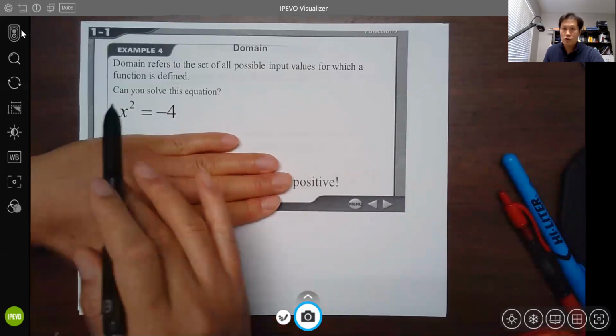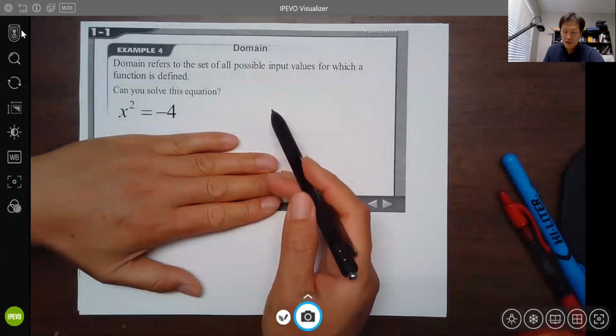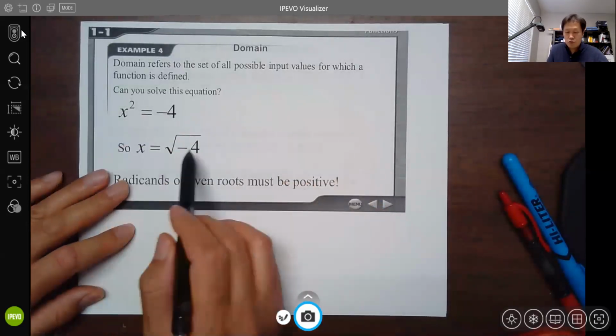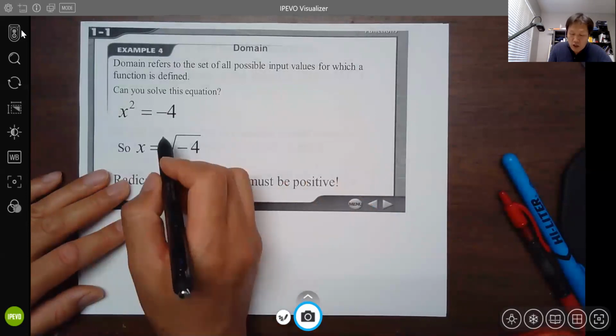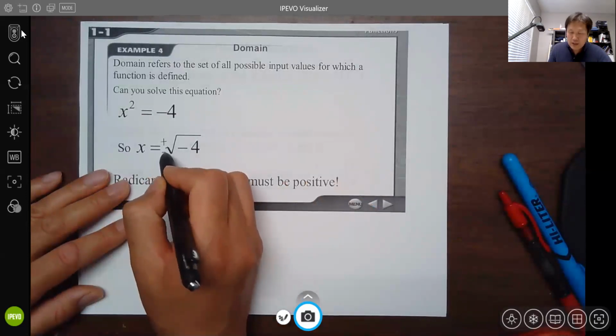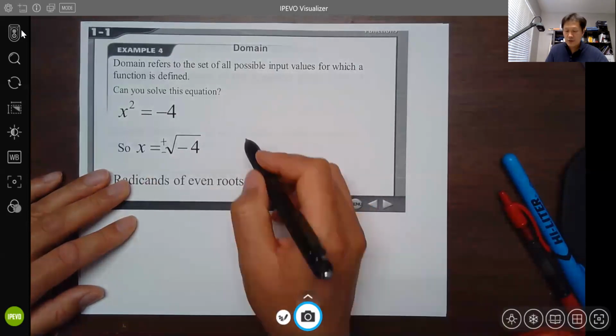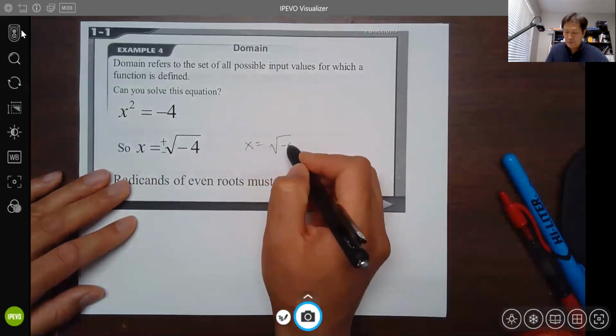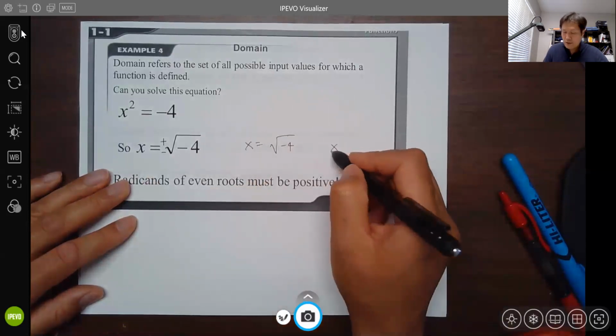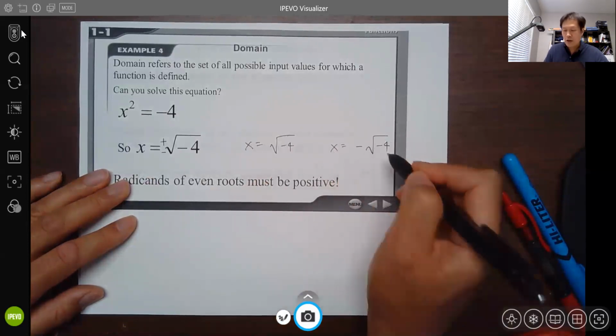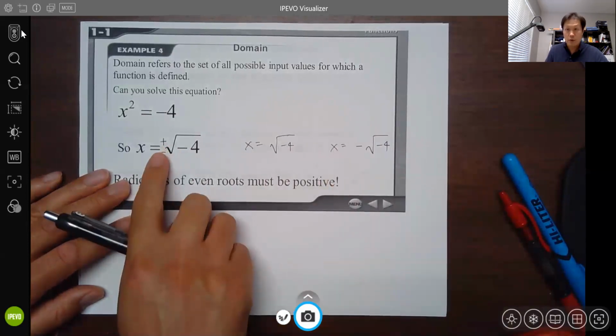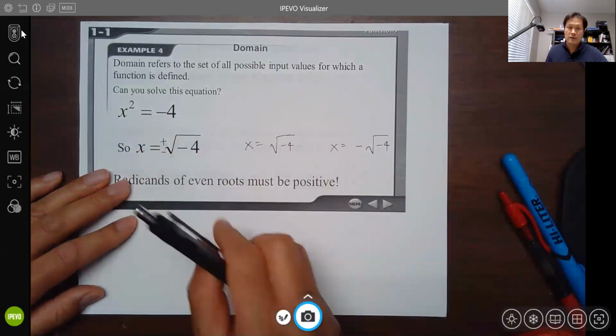You have to take a square root of both sides. Do not forget plus minus. So x equals square root of minus 4, or x equals minus square root of minus 4. You have two answers. So there's a typo: plus minus square root of minus 4.